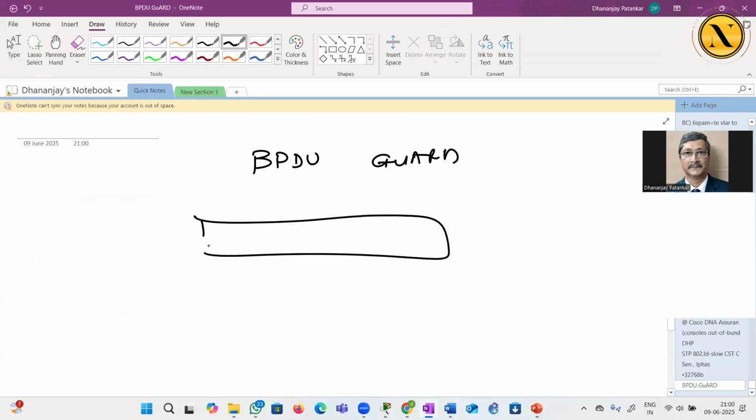So this is our switch, and I want this PC to connect here. What I had given was an example.